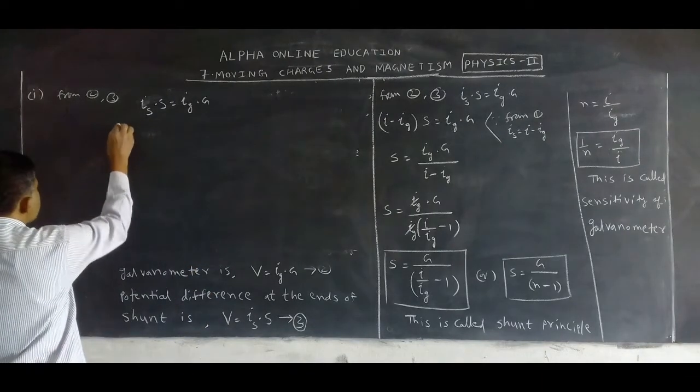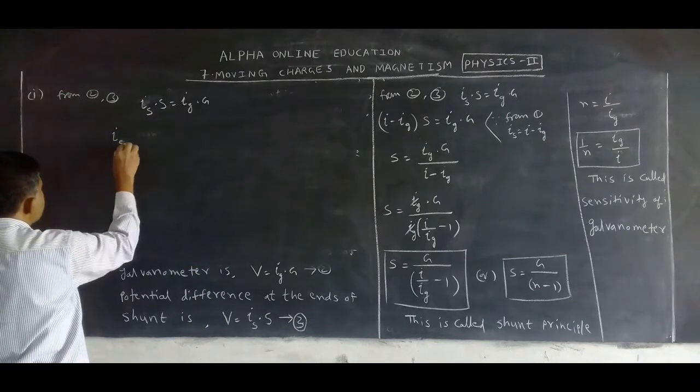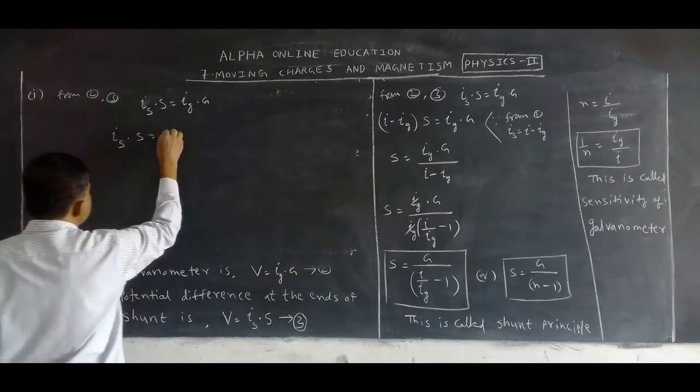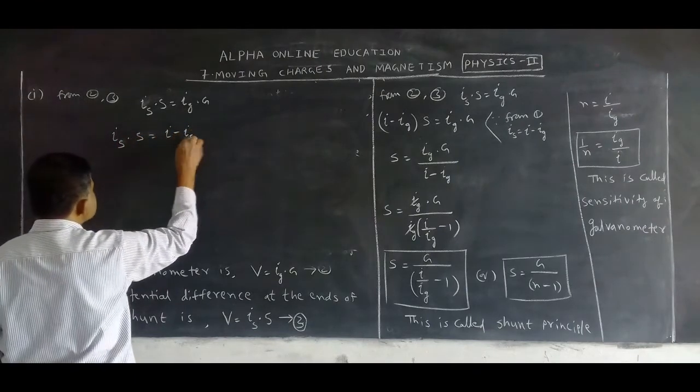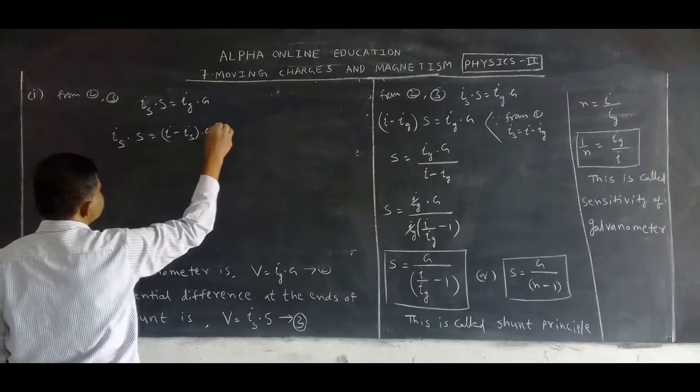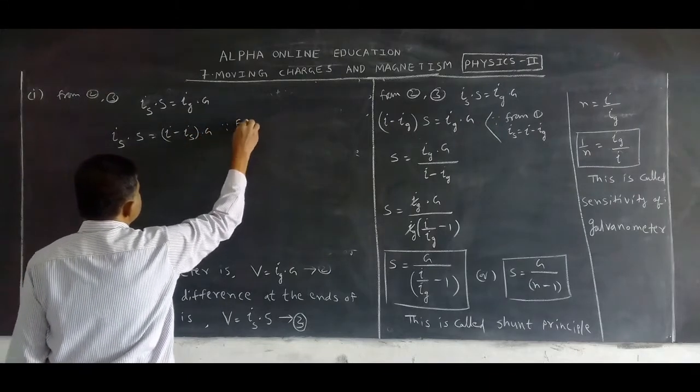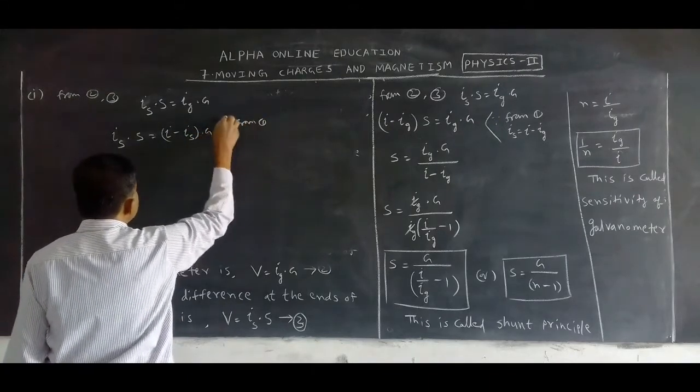From 2 and 3, Is S = Ig G. Now Is S = (I - Is) G from 1.